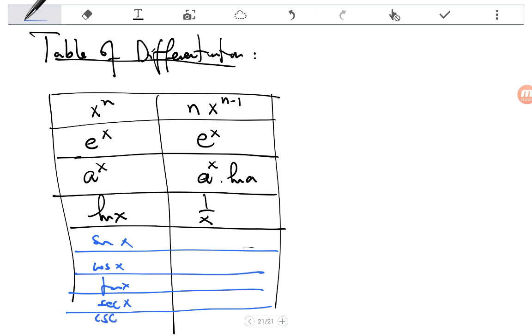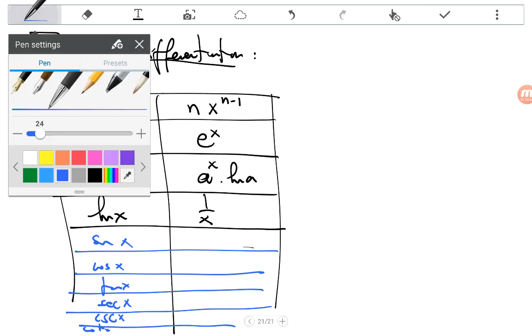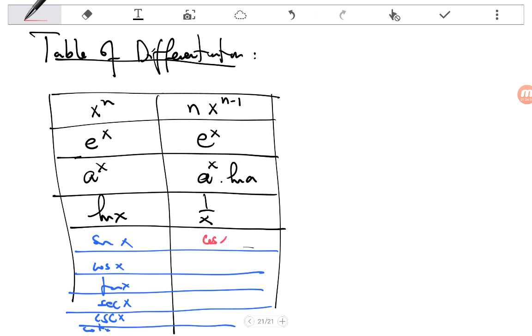The derivative of sine is cosine. The derivative of cosine is negative sine. Whenever I have a co, the derivative will be negative. The derivative of tan x is sec squared. The derivative of sec is sec tan.